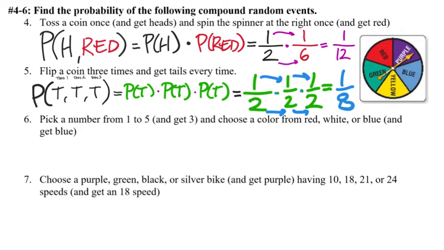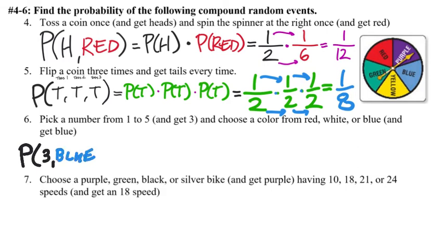So number 6, pick a number from 1 to 5 and get 3, and choose a color from red, white, or blue and get blue. All right, so let's write our probability first.